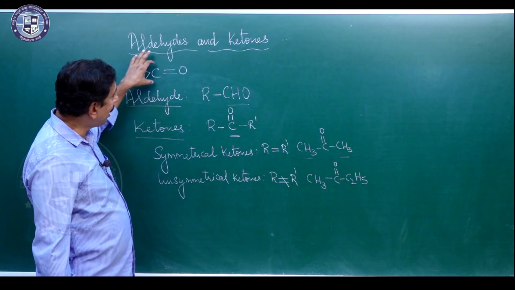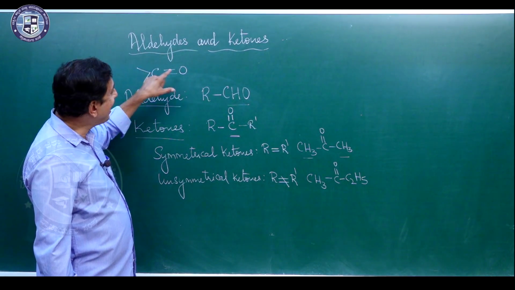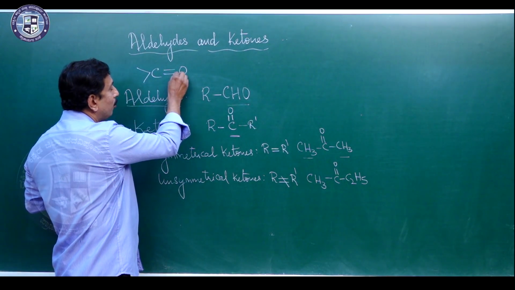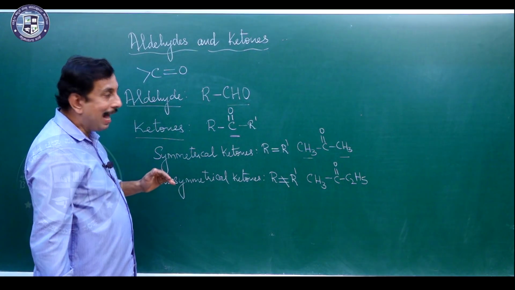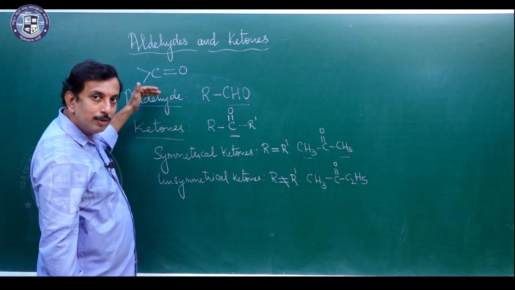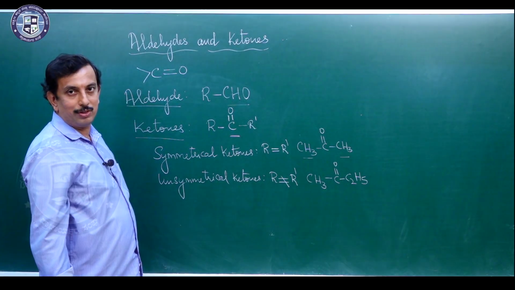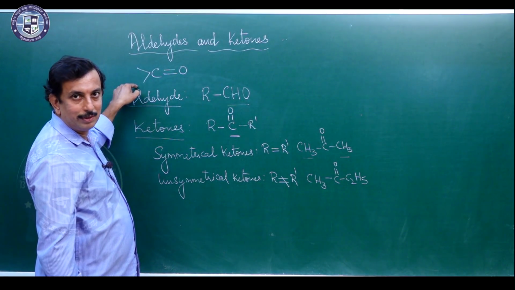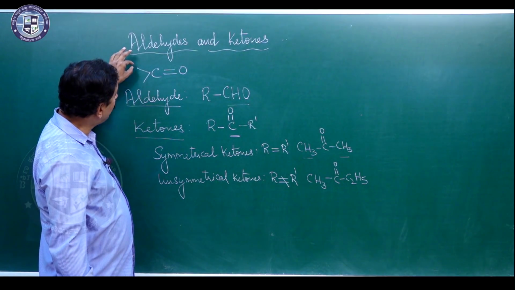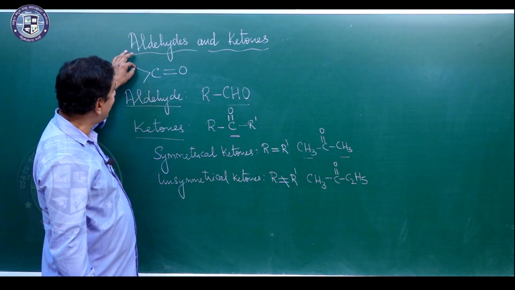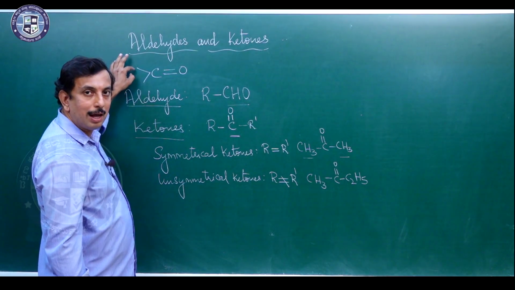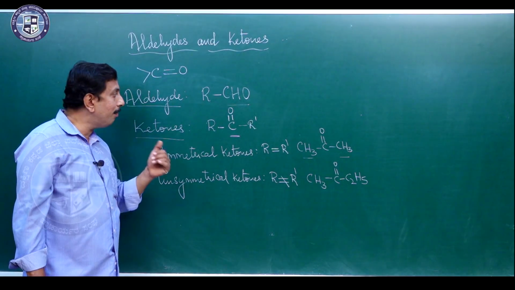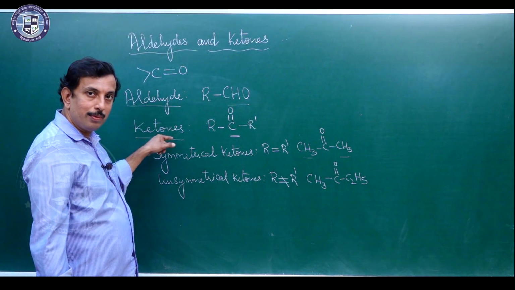As I am showing here, the carbonyl group has a carbon linked with oxygen through a double bond, and out of 4 valencies of carbon, 2 valencies are already satisfied with oxygen, and the remaining 2 valencies are unsatisfied. Depending upon the nature of the group attached to this unsatisfied valency of the carbonyl carbon, we can define which compounds are called aldehydes and which compounds are called ketones.